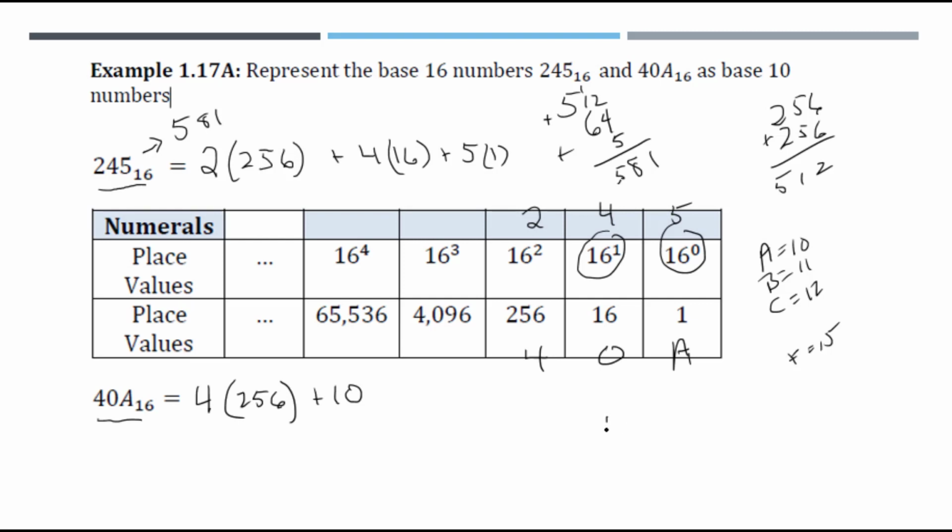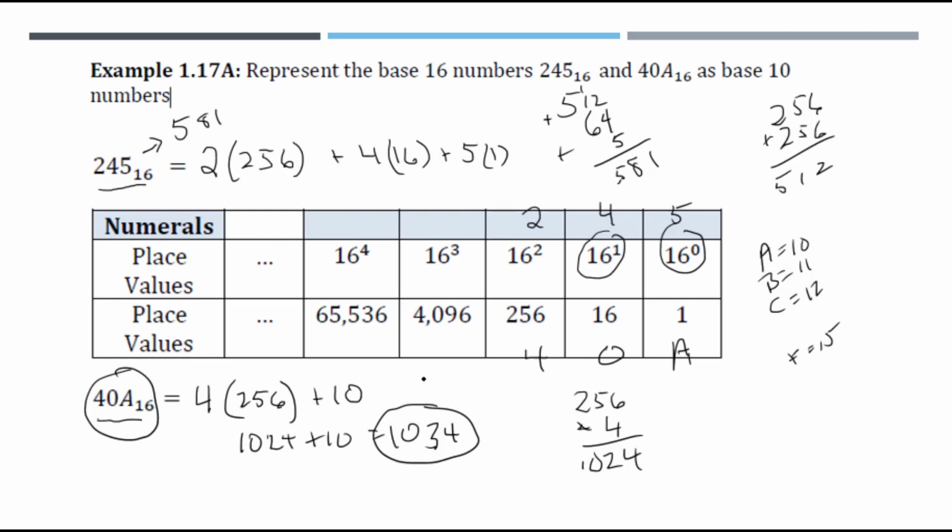So 4 times 256, this is getting to be calculator area. 4 times 256 is 1024. So I have 1024 plus 10, which is 1034. So 40A base 16 is our number 1034.